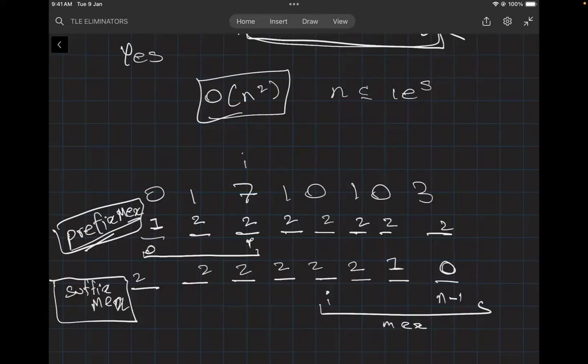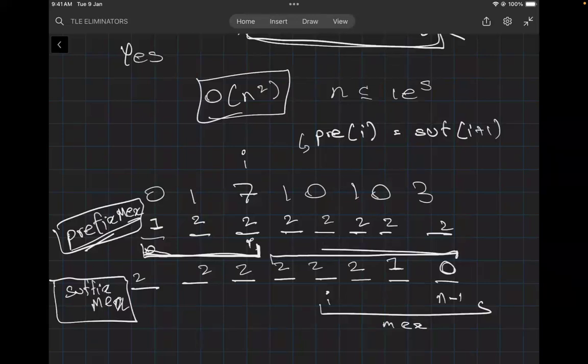We just check an index I. If prefix max of I is equal to suffix max of I plus 1, what does this mean? This subarray's max is equal to this subarray's max. Okay. Then we can say that the split exists from 0 to I and I plus 1 to n minus 1.